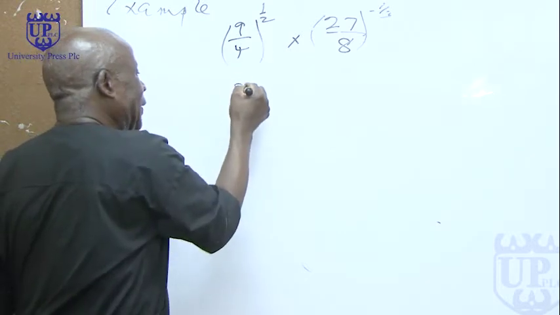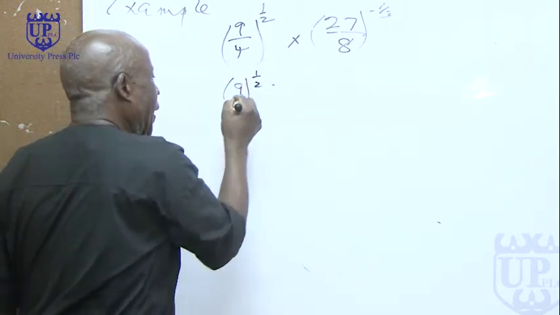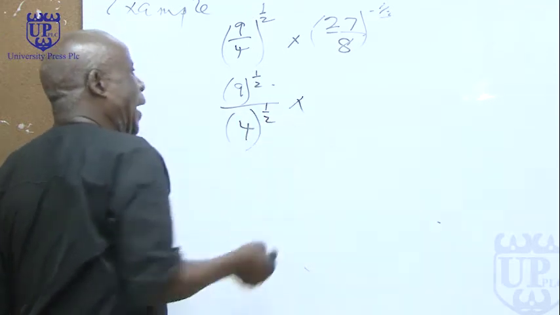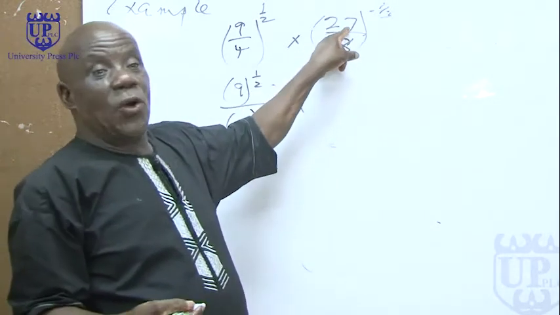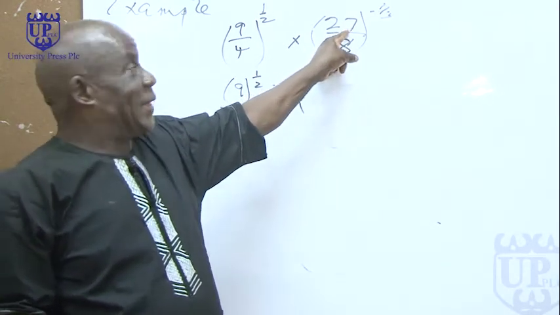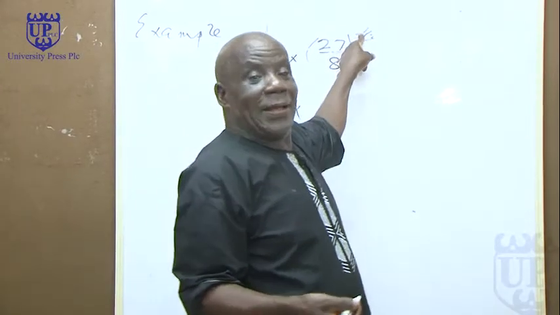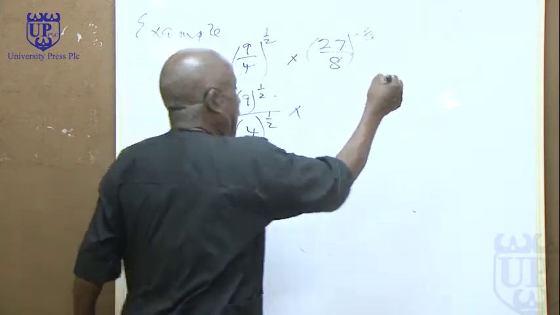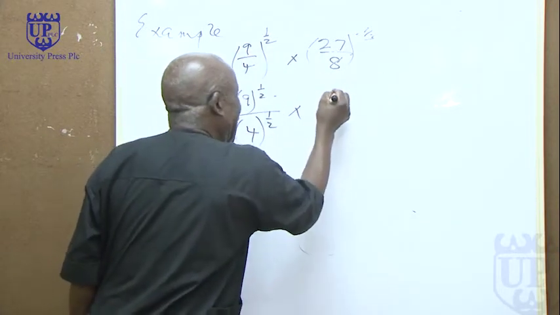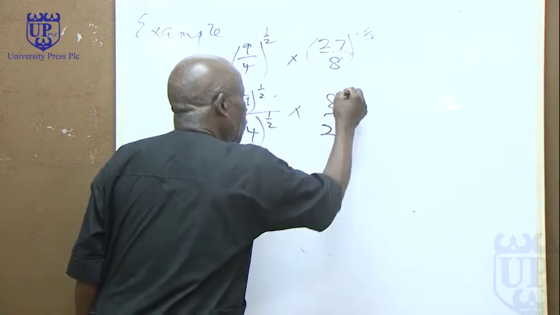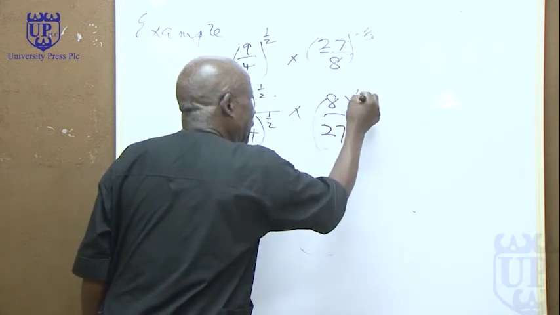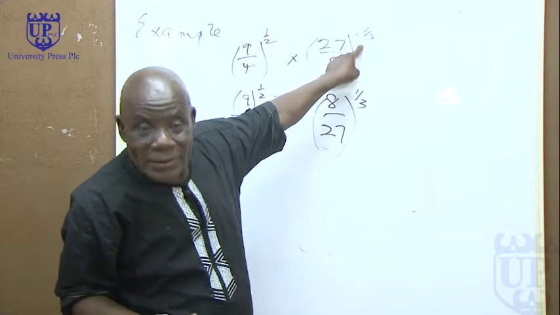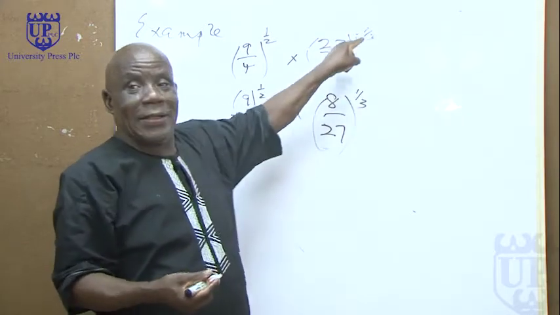So you can say 9 raised to power half all over 4, in bracket, raised to power half, multiplied by 27 over 8 raised to power minus 1 over 3. When the index is negative, you can invert it, so this is 8 over 27 raised to power 1 over 3. You invert it, the sign changes.